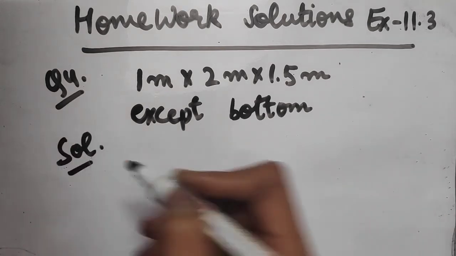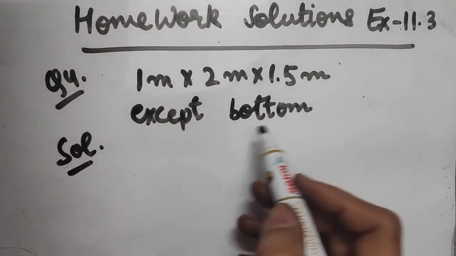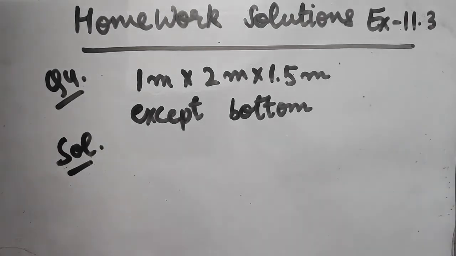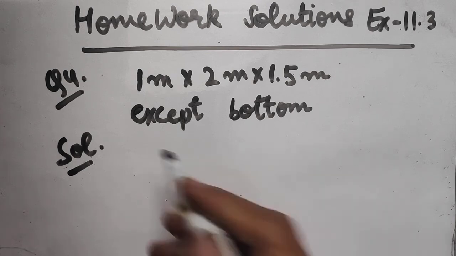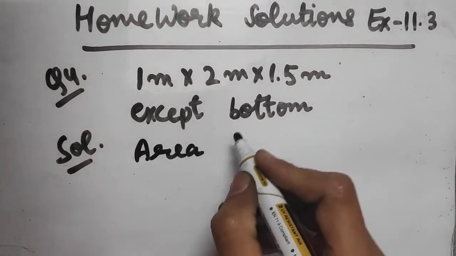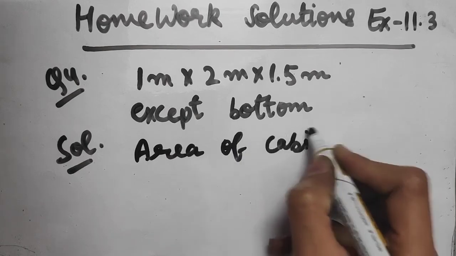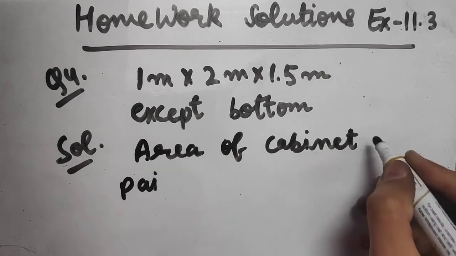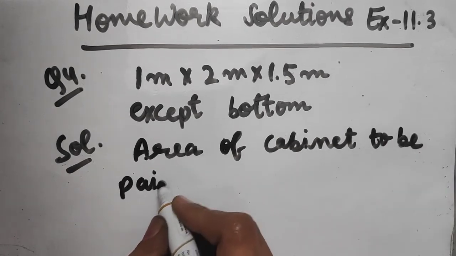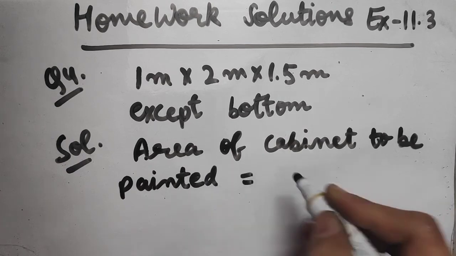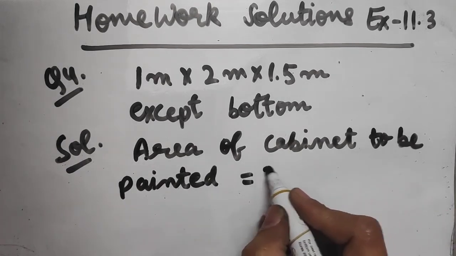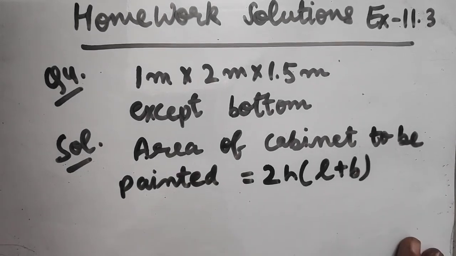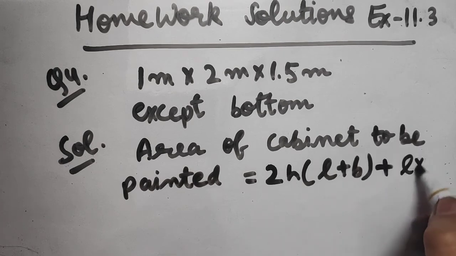So dear children, I am giving you the hint for this question. As we are supposed to leave the bottom area, how will we proceed? The area of the cabinet which is to be painted will be equal to the lateral surface area, that is 2h(l + b), the lateral surface area of a cuboid, plus length into breadth.